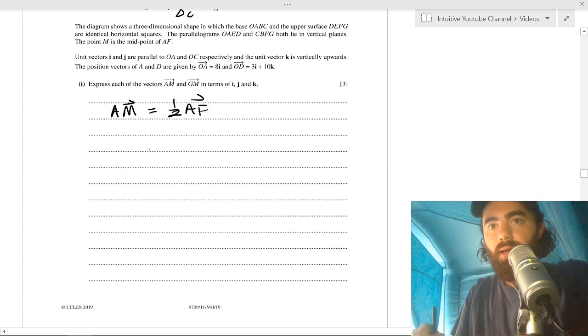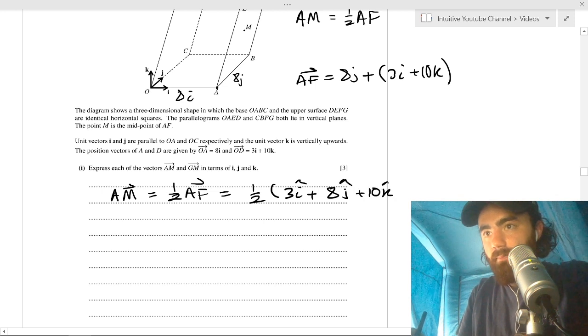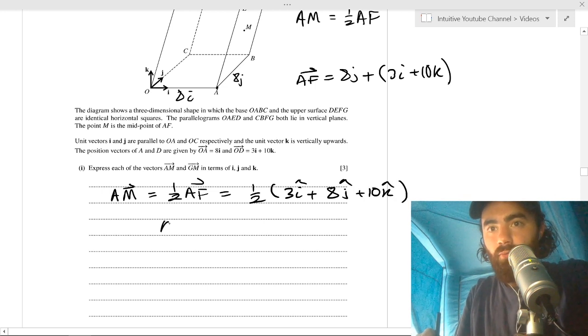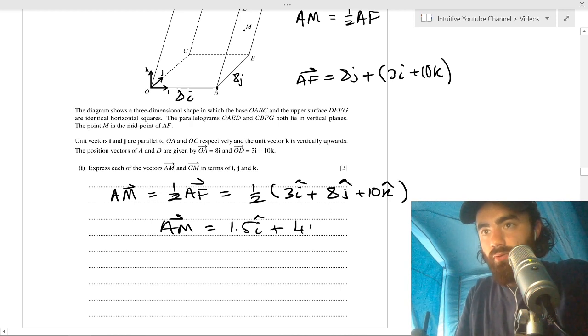So our AM is going to equal half of 3I plus 8J plus 10K. Therefore AM equals 1.5I plus 4J plus 5K.